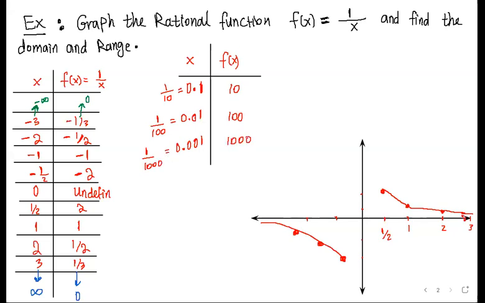So as I see here, when the numbers become smaller, close to the 0, this value goes up to infinity and becomes bigger. So 0.1 gives 10, same thing, 0.01 gives 100, and here 1000.